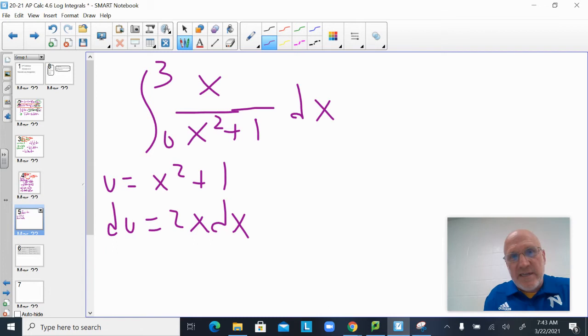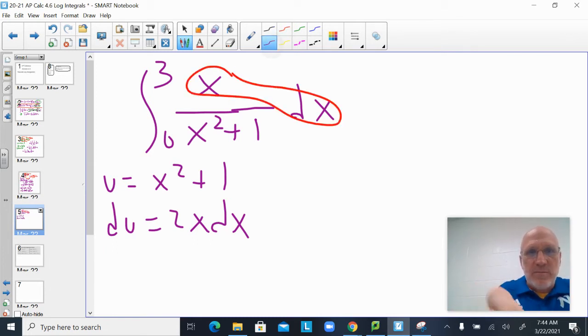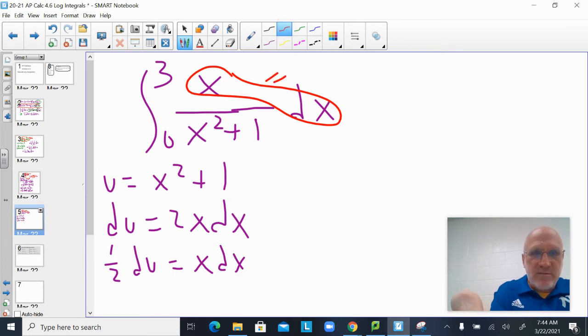I look at that 2x dx, and up here it just says x dx. So that 2 is in my way here. So I'm going to multiply by half here. So that makes this x dx 1/2 du, and it makes this x squared plus 1 u.